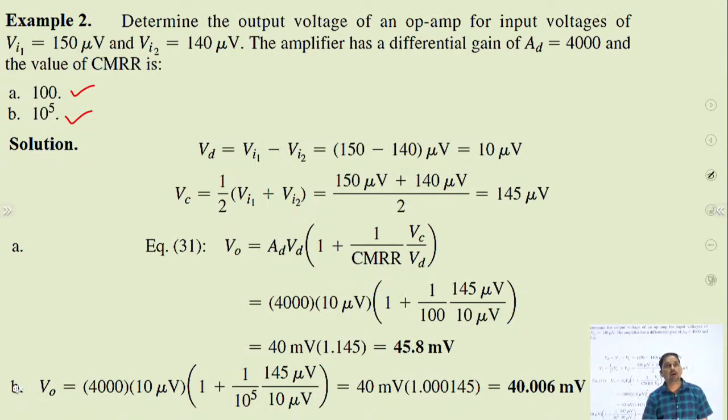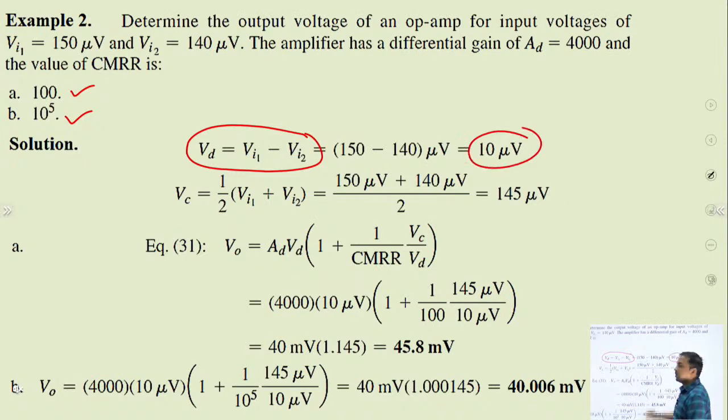So how can we calculate the output? First of all, we calculate the differential voltage Vd. Vd is nothing but 150 minus 140, which is 10 microvolt, whereas Vc equals half of (Vi1 plus Vi2), which is 145. By utilizing the previous equation we obtain the output, which is 45.8 millivolt when the CMRR is small.